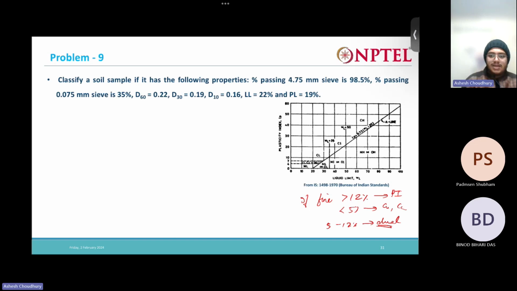I hope this is clear. So try to solve this problem. Classify the soil sample if it has the following properties.